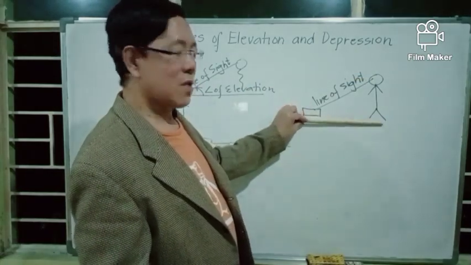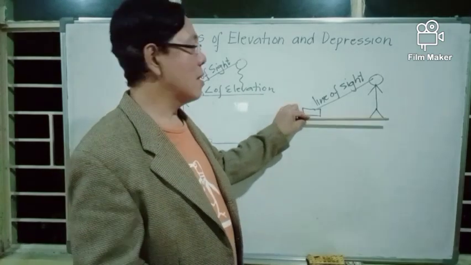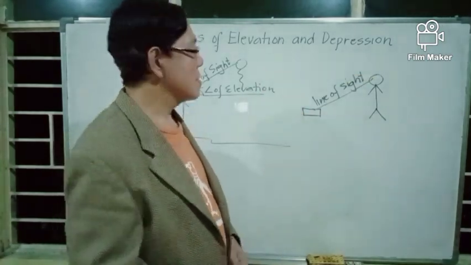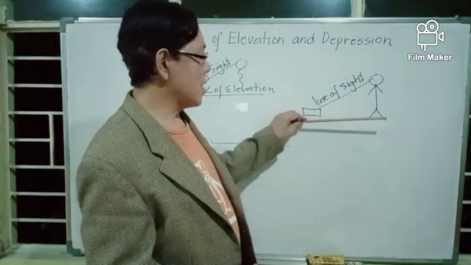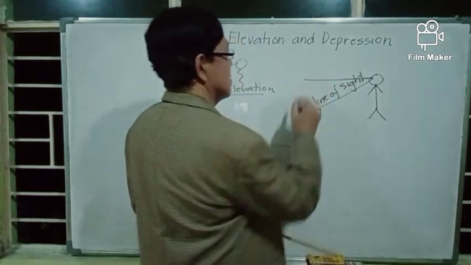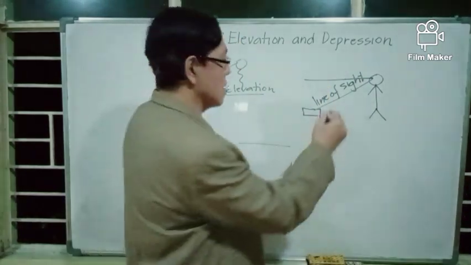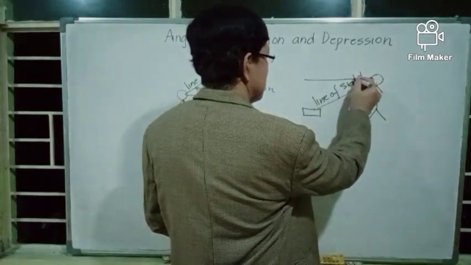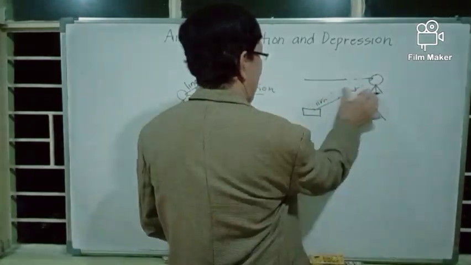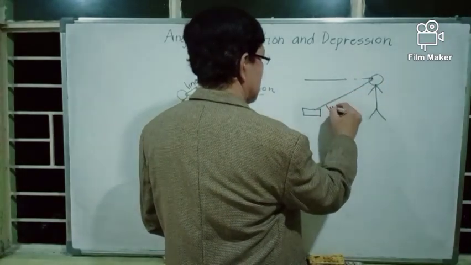This is the horizontal surface on which the observer is standing. And from the eye of the observer, we draw a line parallel with the horizontal surface. Now, this angle, this is the line of sight.